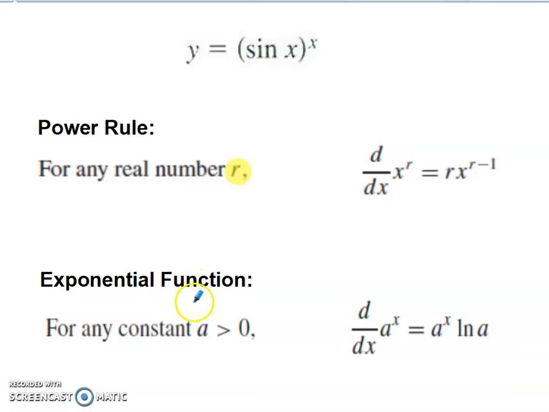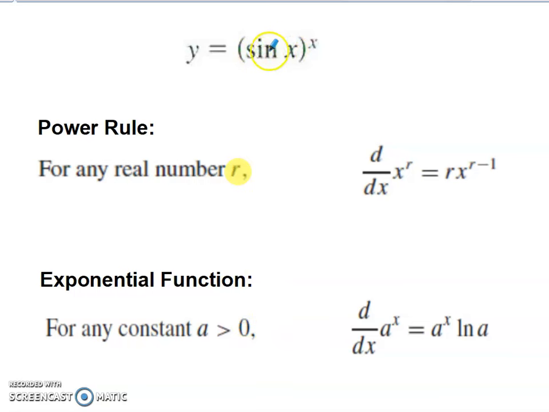We've got this other formula that you've probably seen a little bit later in your derivatives unit than you saw the power rule, but it says for any constant a that's greater than 0, I can find the derivative of a to a power by copying the same exponential function and then multiplying by the natural log of the base. This works if the base is a constant that's positive.